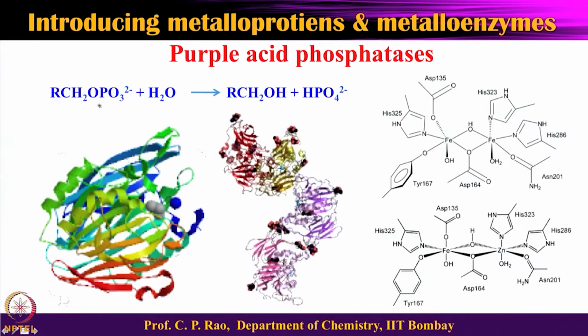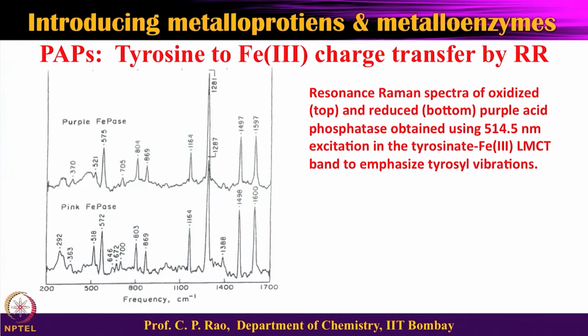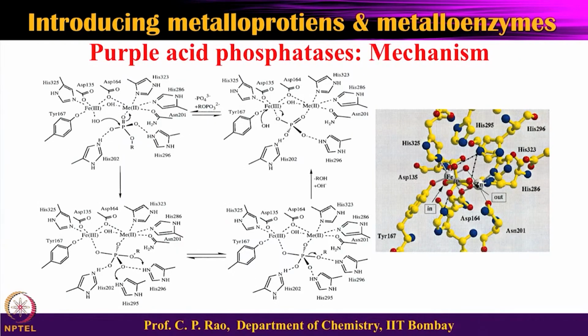This particular phosphate ester must be cleaved at this stage, so that you get an alcohol and the phosphate moiety. Okay. So, for that obviously you need to have a binding followed by the hydroxyl attack or nucleophilic attack or water attack on these ones, and that is what happens.